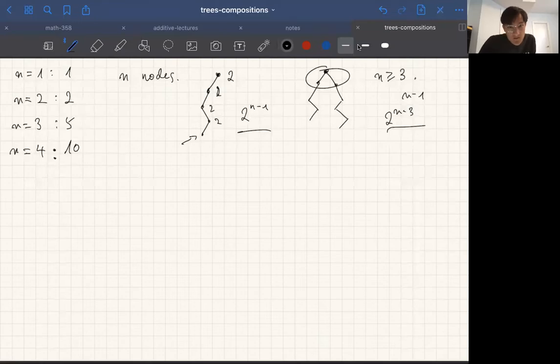I'm convincing myself. I'm not so sure this is actually the right answer. So it's 2 to the n minus 1 plus 2 to the n minus 3. That's 2 to the 2, so that's 4 times 2 to the n minus 3, plus 2 to the n minus 3.